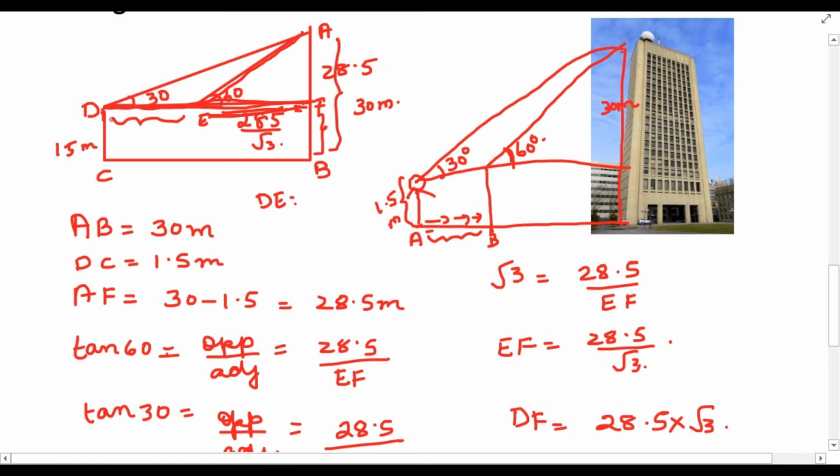We need to find out what is the distance he traveled towards the building. So we need to find out this side DE. For that I have taken tan 60 so that I can find out opposite side is already given. Adjacent side easily we can find out. First find out EF, then you find out DF. To find out DE, subtract DE is equal to DF minus EF.